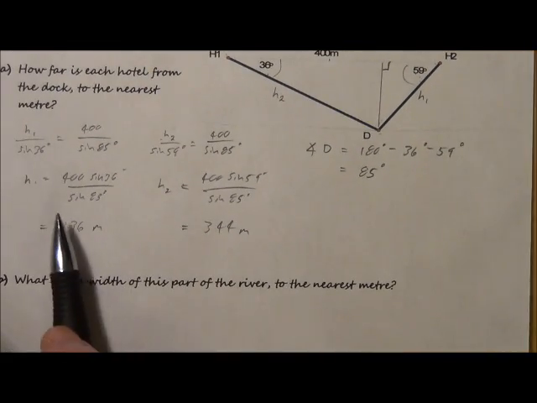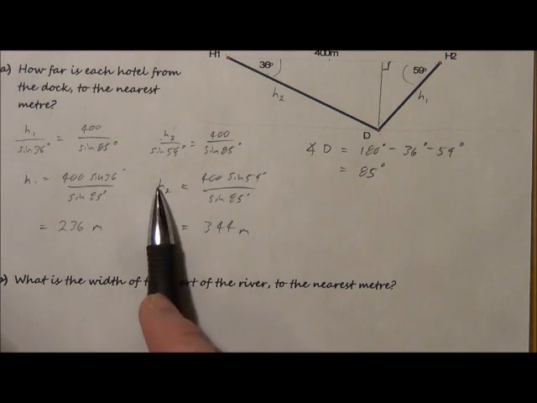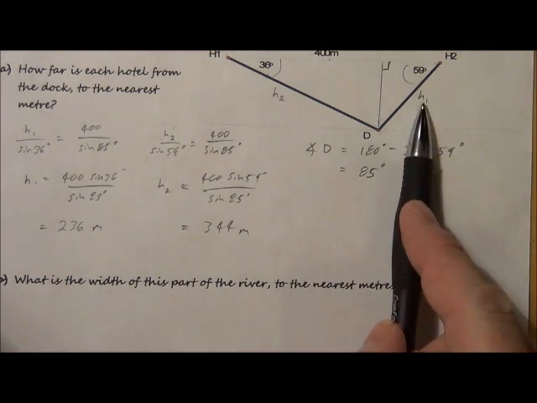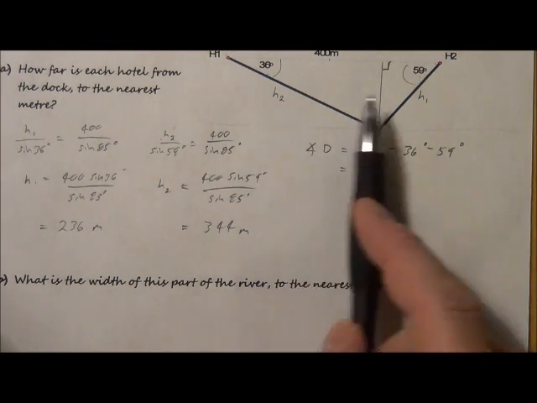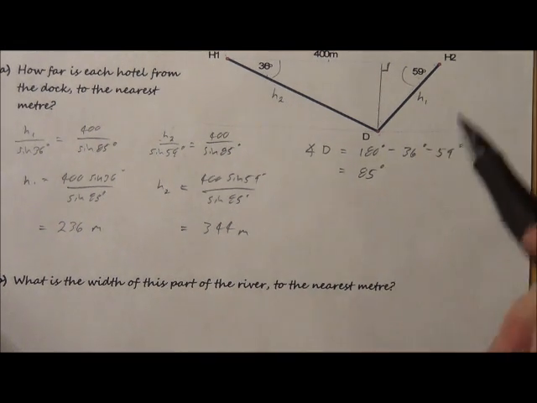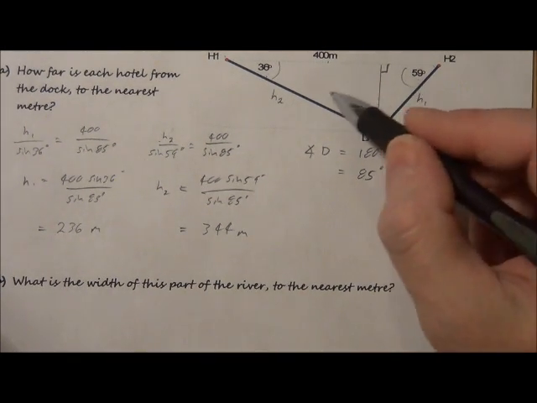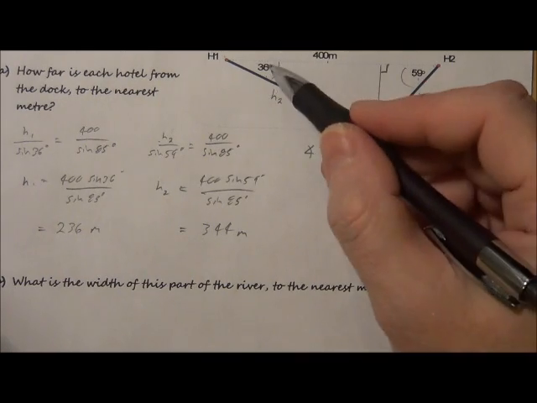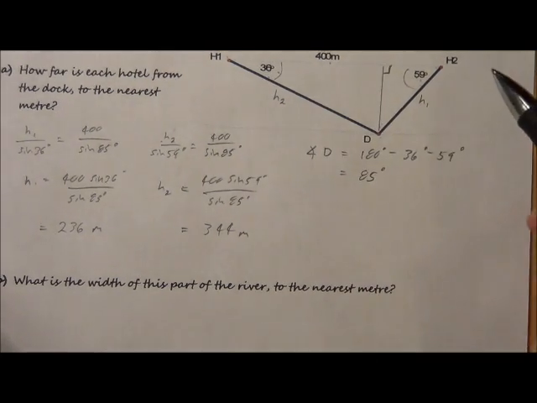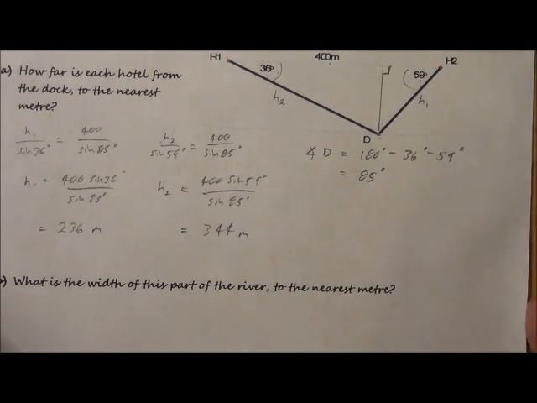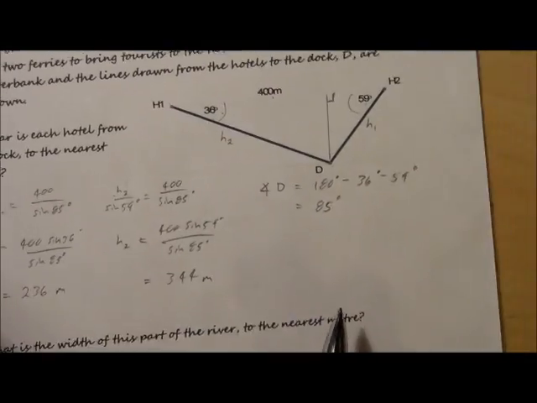And because we found H1 and H2, those are both the hypotenuses of both of these right triangles, and we have these angles here. So either triangle we use will be just fine.